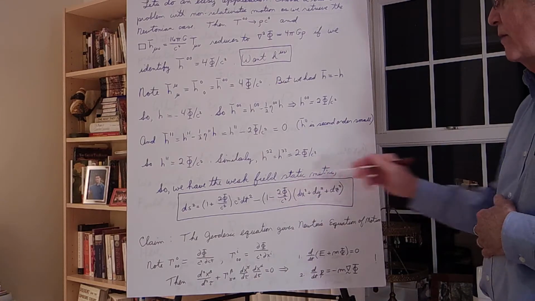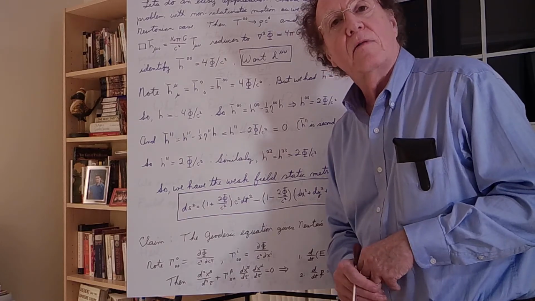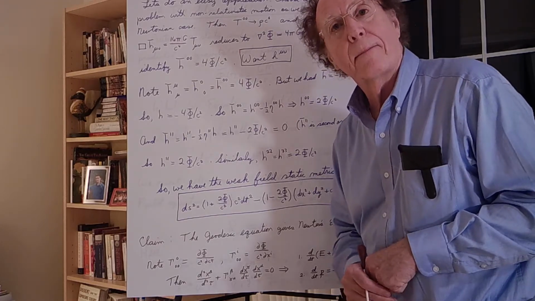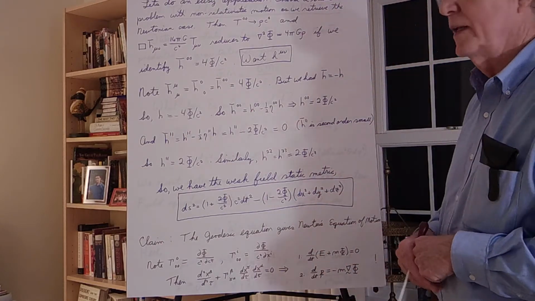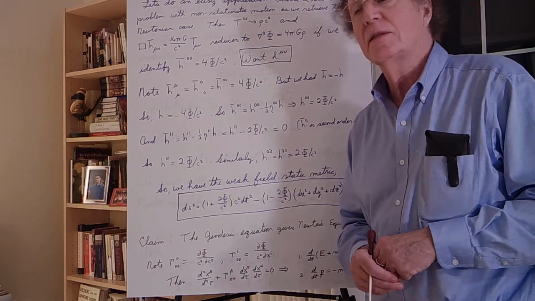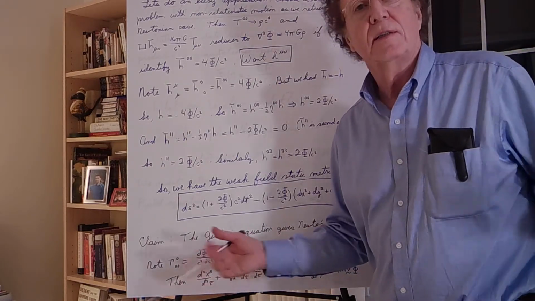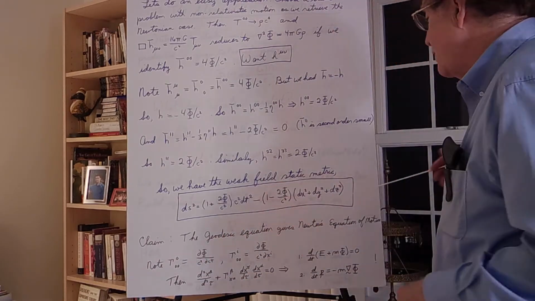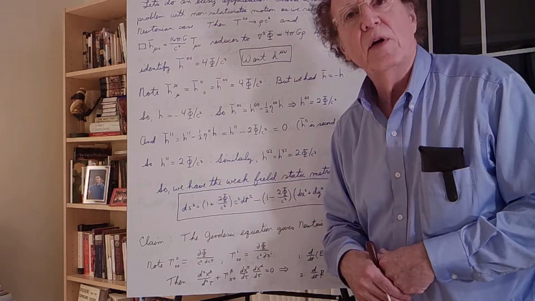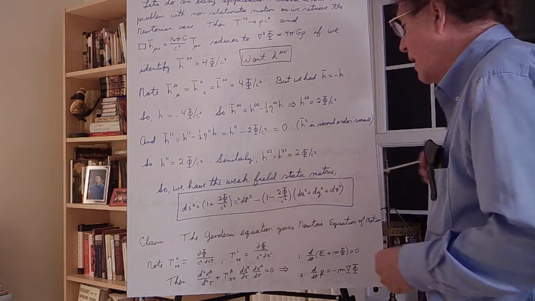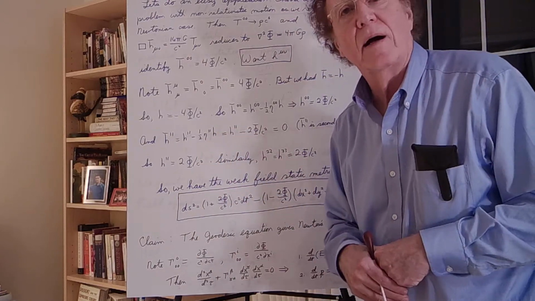This is now the metric for any situation where the gravitational field is small, in the sense where h is much less than 1. Well, that covers the solar system, for example, and with this metric, I can calculate the precession of Mercury. With this metric, I can calculate the deviation of light around a star.